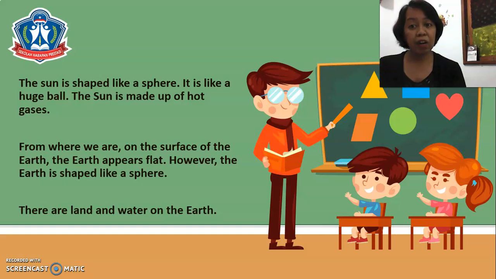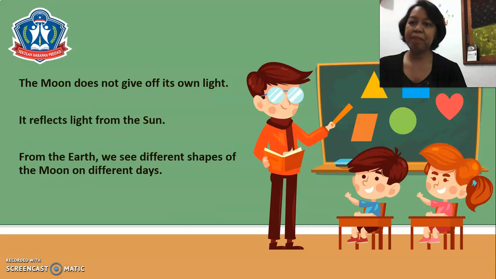From where we are, the surface of the earth appears flat. However, the earth is shaped like a sphere. There are land and water on the earth. The moon does not give off its own light. It reflects light from the sun.